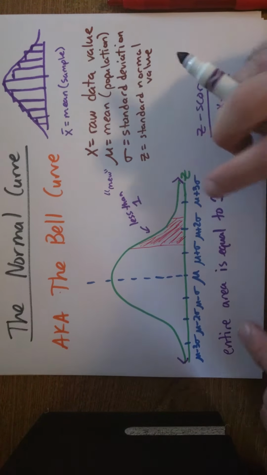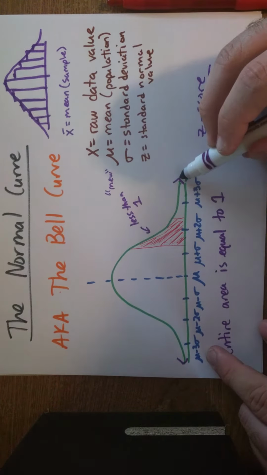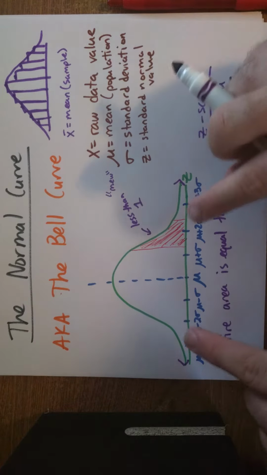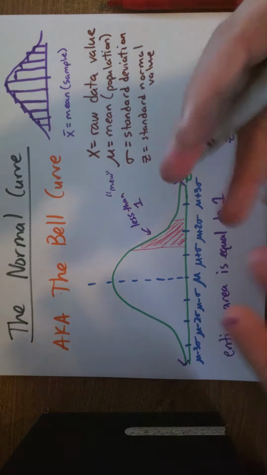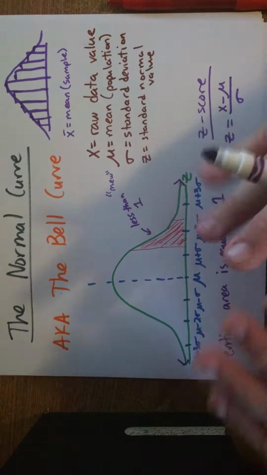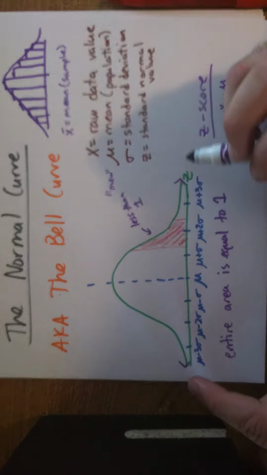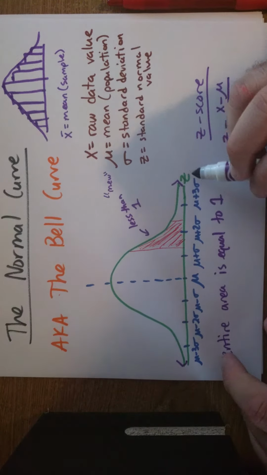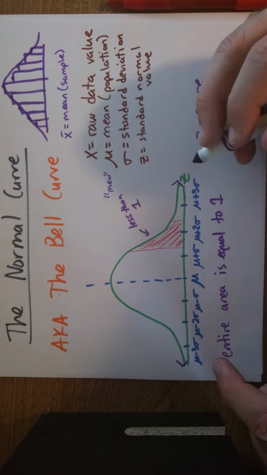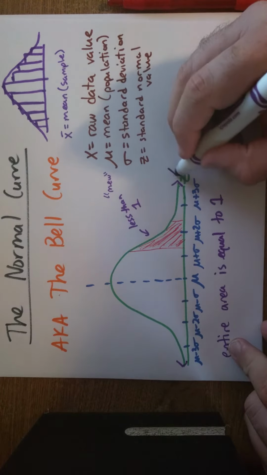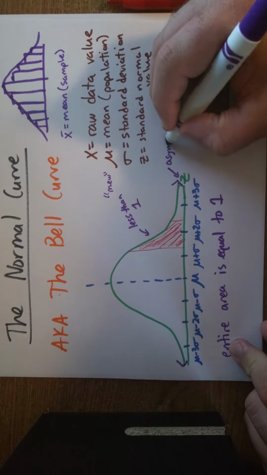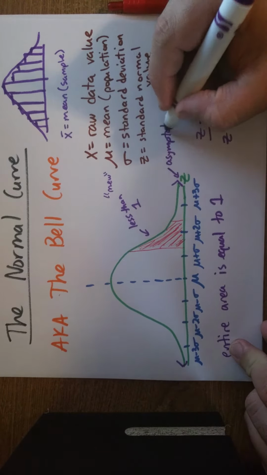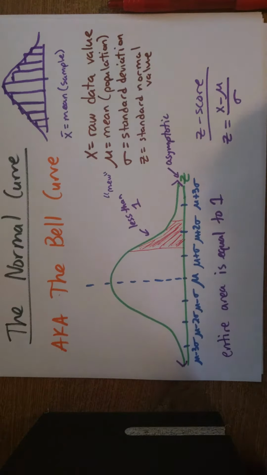Another property is the curve goes on forever in both directions. So you could say the domain is all real numbers, although you don't need to know that. Don't write that down. But it goes on forever both directions. And actually, the curve never crosses the z-axis. It gets infinitely close. We did learn that has a word, which means that this is asymptotic. Remember, it gets infinitely close, but never touches the z-axis.